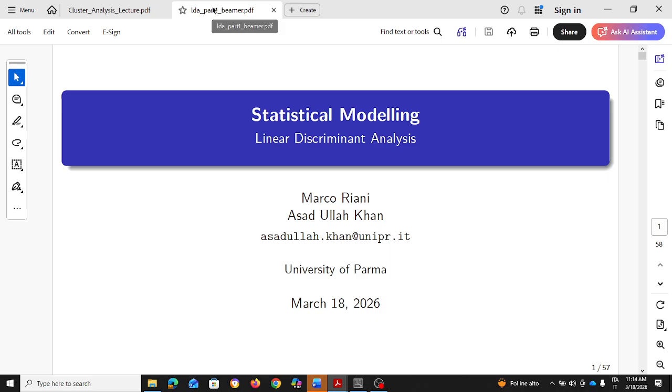So can we see a valley here? Can we see a valley here? If we see a clear valley, this means there is a discrimination between this part of the data and this part of the data, okay?